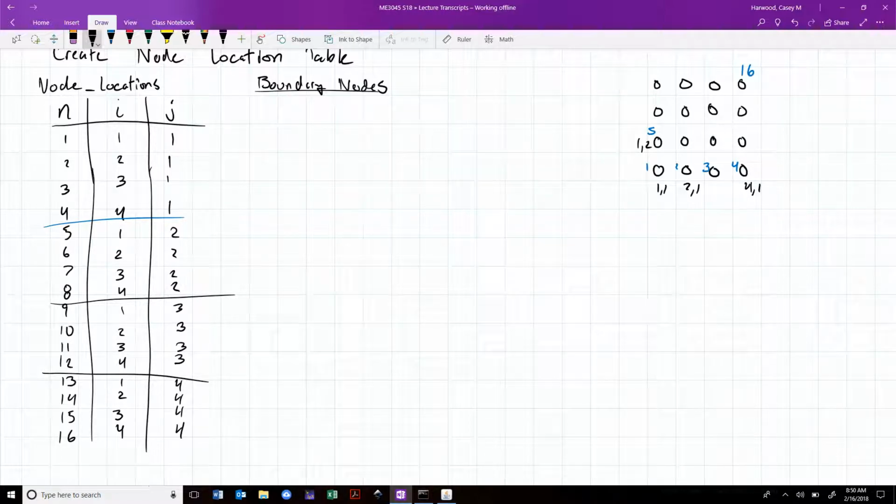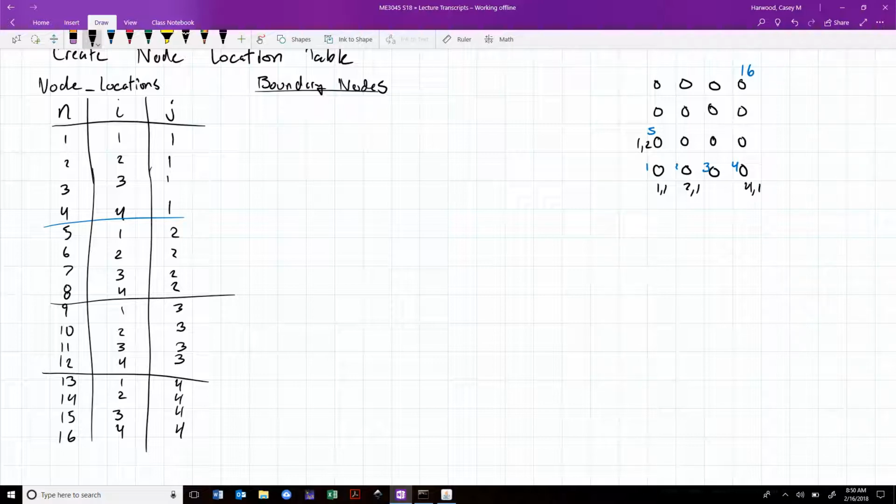The idea here is that, based on your i and j values, if i is equal to 1 or the highest value, that means it is either at the left or the right-hand side, meaning it's on a boundary. Similarly, if j is at a value of 1 or 4, that means it's at the top or the bottom. That means it's also on a boundary.